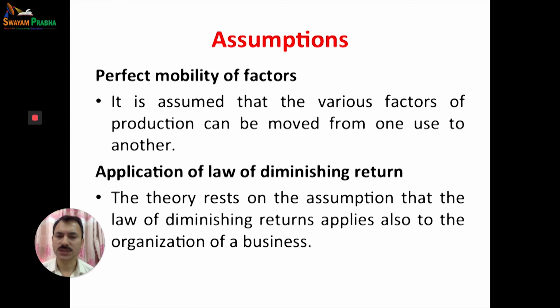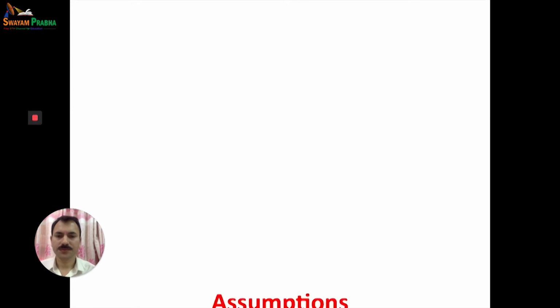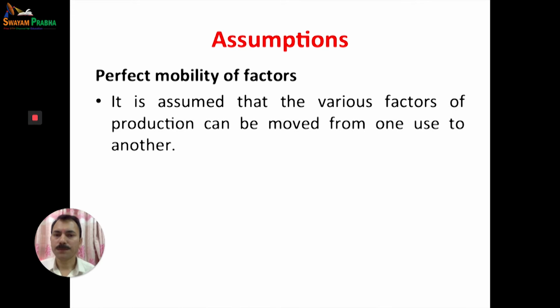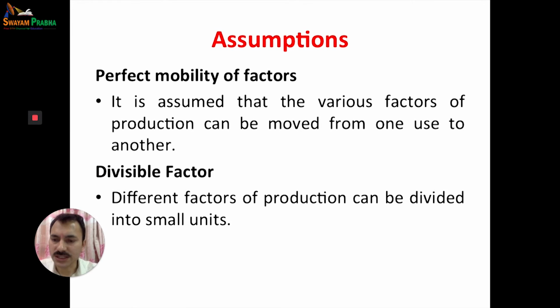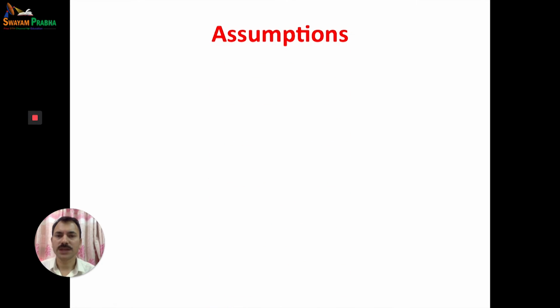This theory rests on the assumption that the law of diminishing returns applies in the organization of the business. Perfect mobility of factors we have already discussed. Then, divisible factors. Different factors of production are divided into small units. You can use the factor of production as per your requirement. They are perfectly divisible. So these are some assumptions.